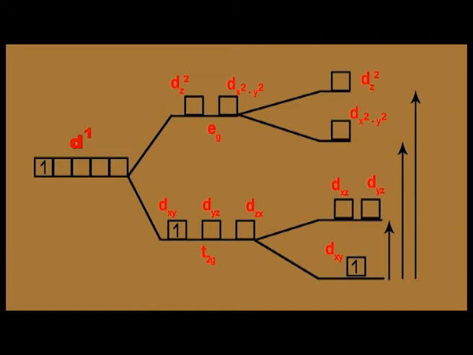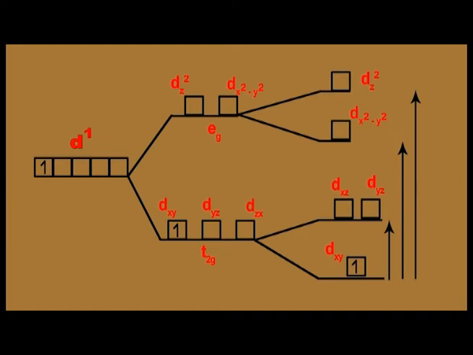Then the ligands coming from the xy plane will be repelled more and therefore will be farther. As a result, metal ion orbitals in the xy plane will face less repulsion, and therefore the t2g orbitals split into dxy, which has the lowest energy, and two degenerate orbitals, dxz and dyz.